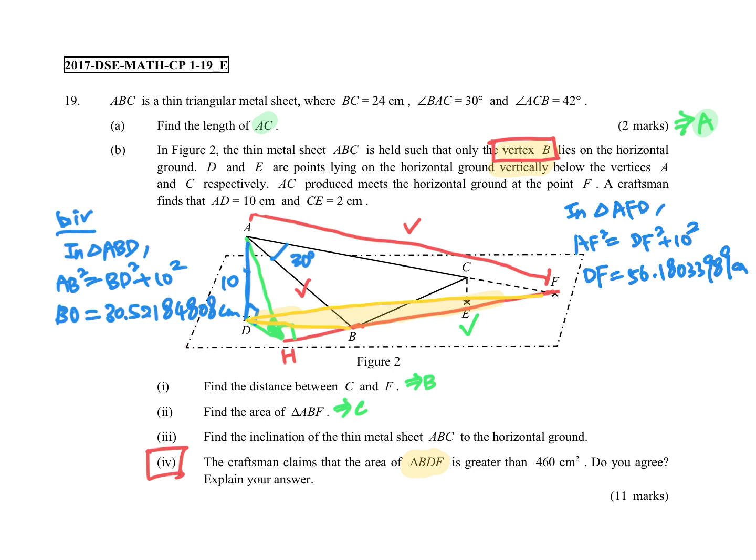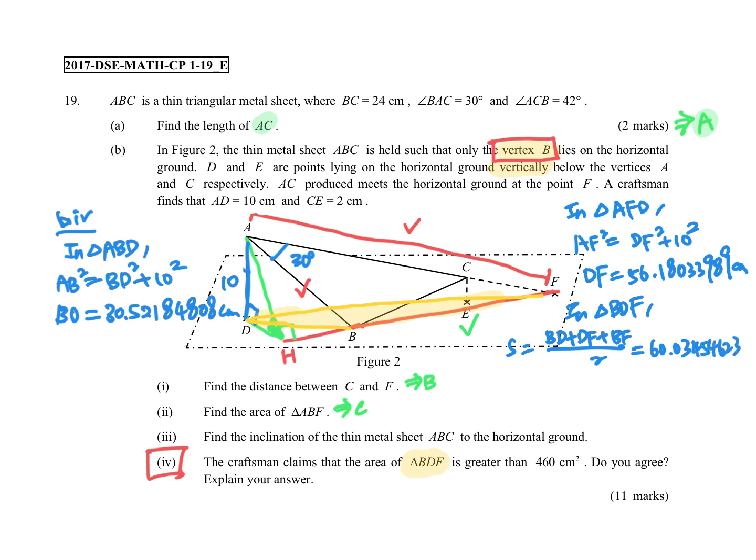So here we try to make use of Heron's formula. We have S equals BD plus DF plus BF over 2, and that will be 60.0345. Just save it.